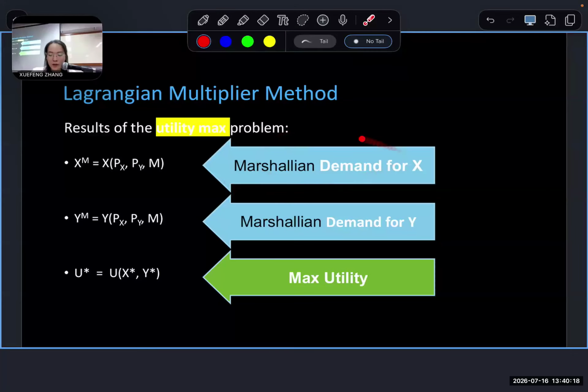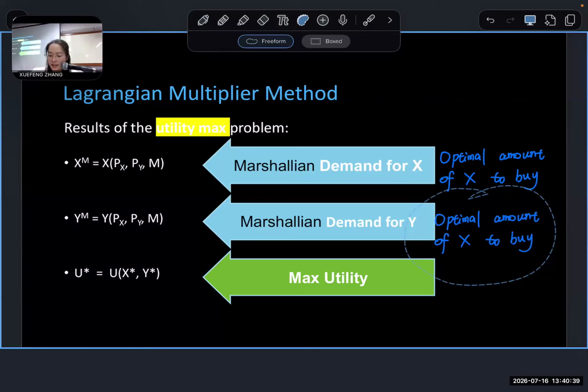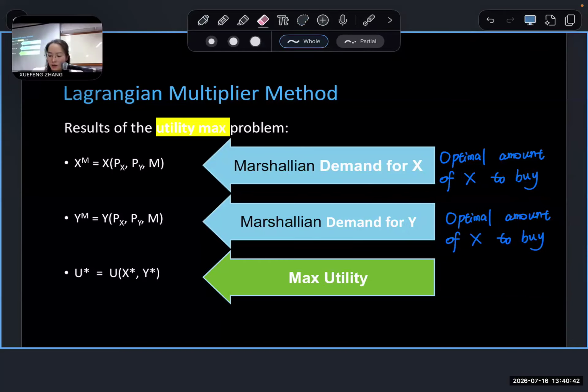Marshallian demand for X is the optimal amount of X to buy. Marshallian demand for Y is the optimal amount of Y to buy. And then you plug in X and Y, and you get the maximized utility.